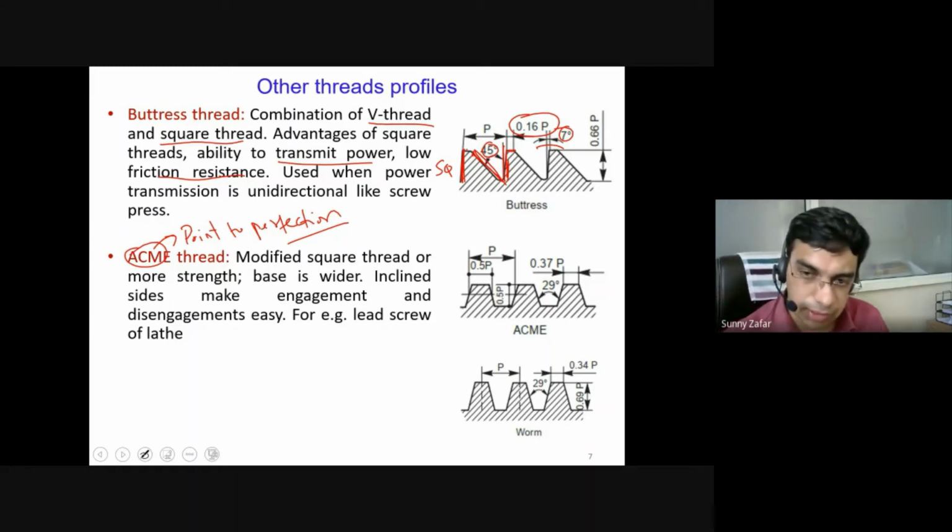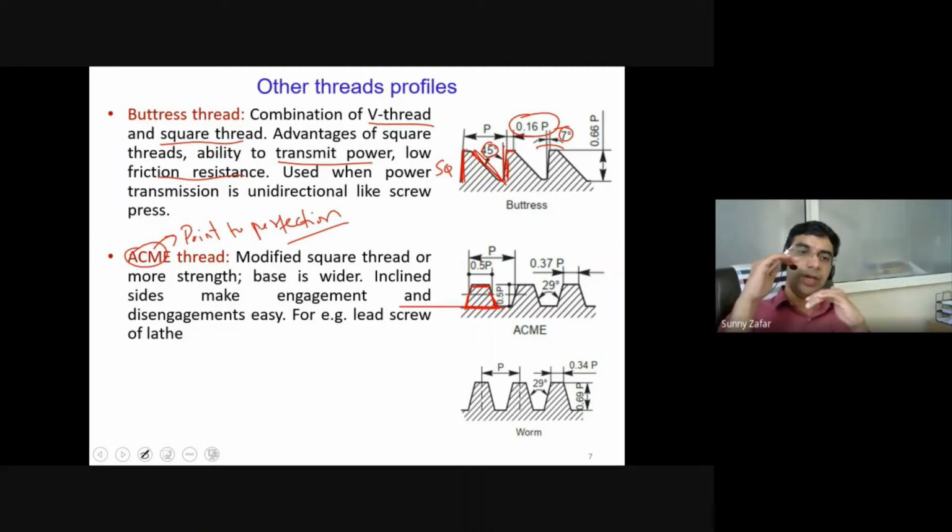And what modification was done? The modification done here is that the trapezoidal ends, the root of the thread, was widened up. If you compare the crest, the root of the thread is now widened up. So when you have a wider base, this increases the strength of the thread, so higher power can be transmitted.